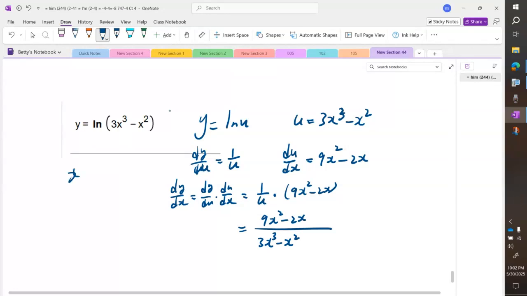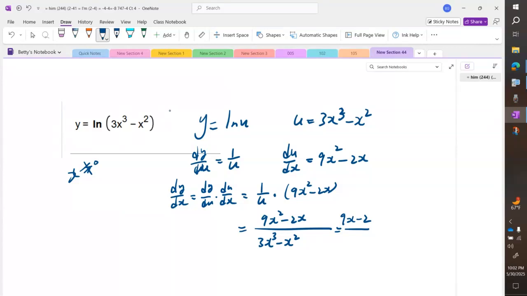x here has to be non-zero, so that makes it possible to cancel a common factor x. So the numerator is 9x minus 2. We have 4 terms in a quotient, right? A rational function.